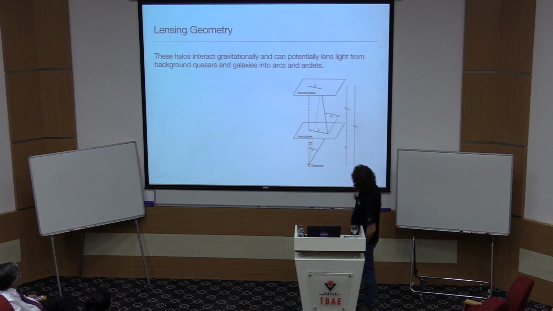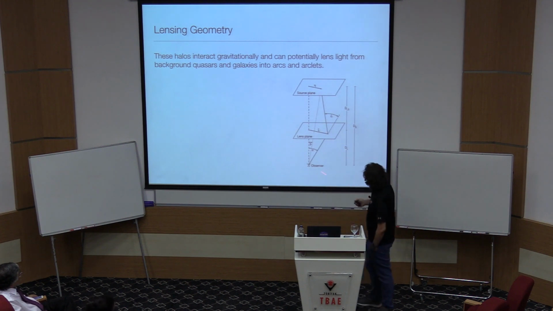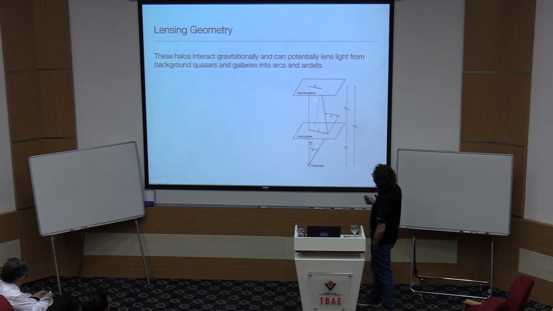So there's the geometry involved. This is just a schematic showing the geometry involved with this problem. You have the so-called lens plane and the source plane and you, the observer, here. A couple of important angles here. There's the beta angle, which is the angle on the source plane, and the theta angle, which is the angle on the lens plane.